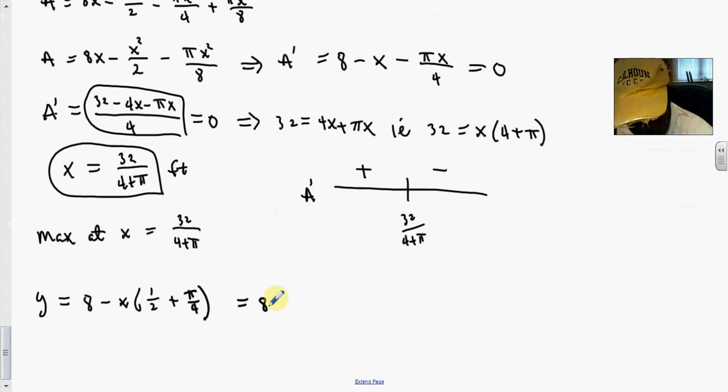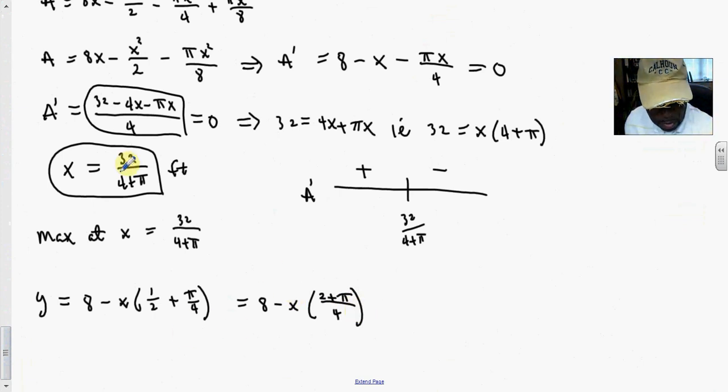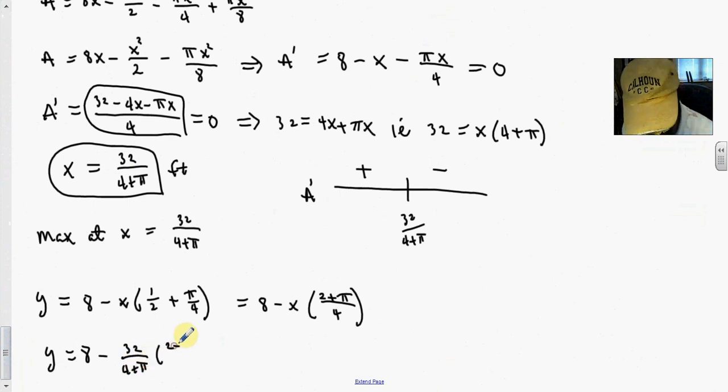So you can write this as 8 minus x times 2 plus pi over 4. Now let's plug in x equal to 32 over 4 plus pi, times 2 plus pi all over 4.